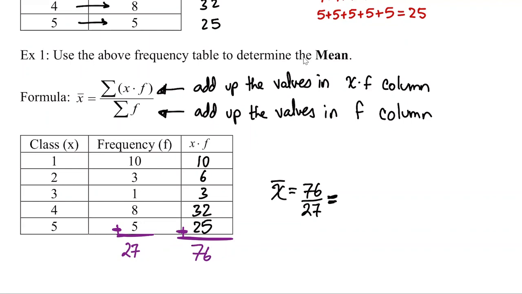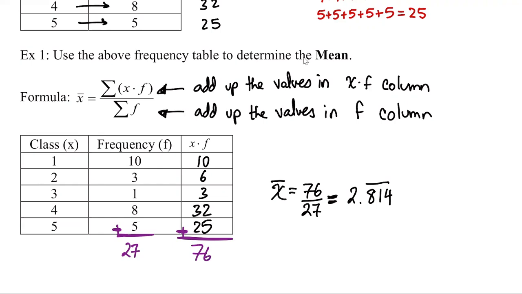But for now, we're just calling it 2.814. But the 814, that whole thing repeats. Kind of overdoing it with the bar here, so one nice bar there. All right, so that's really what we're looking at. That's what the mean is.